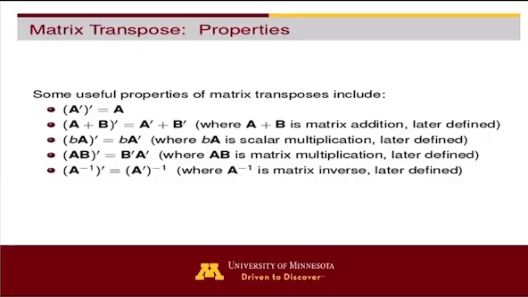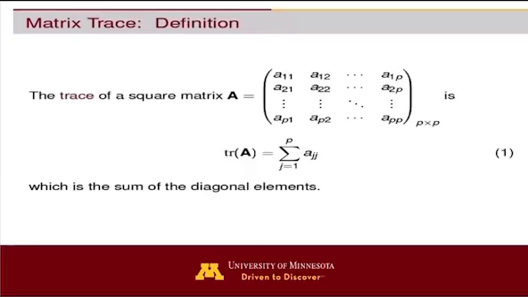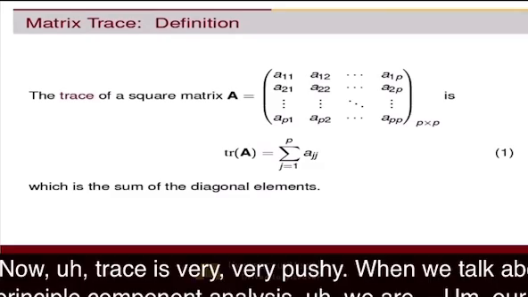Okay, now I want to leave transpose and go to trace. Now, trace is very, very crucial, particularly in principal component analysis, where our intention is to reduce dimensionality in the data set.